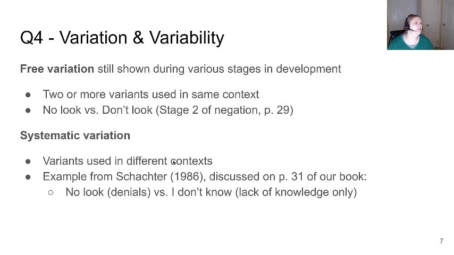Like, no, look, no look. And I don't know versus like lack of knowledge, right? Like, I don't know, right? So in this case, the person's using one for one type of verb and one for another. So systematic, again, if you don't totally understand the distinction here from Schachter, that's okay. But the idea is that you're using it in one context to mean one thing and in another context to mean others.